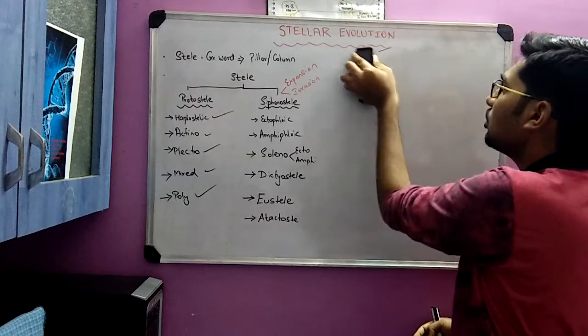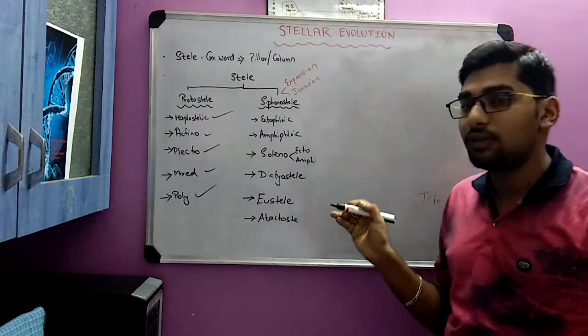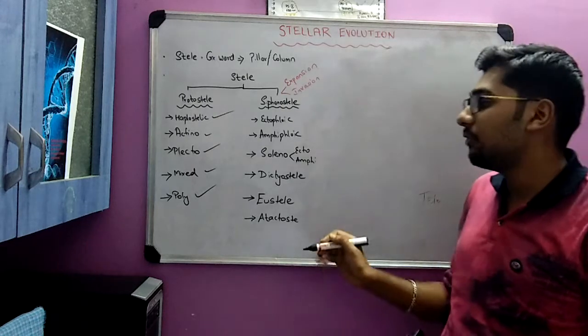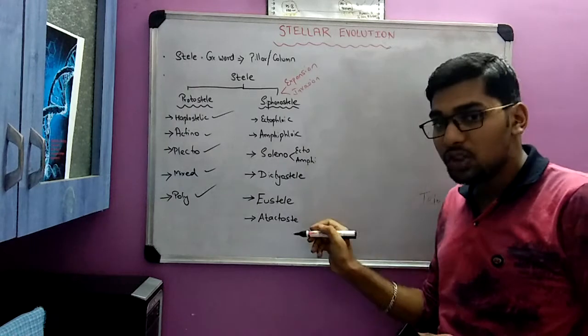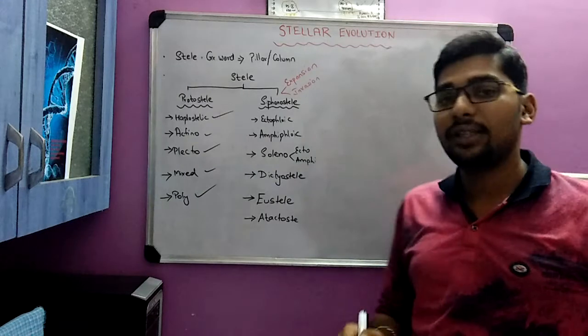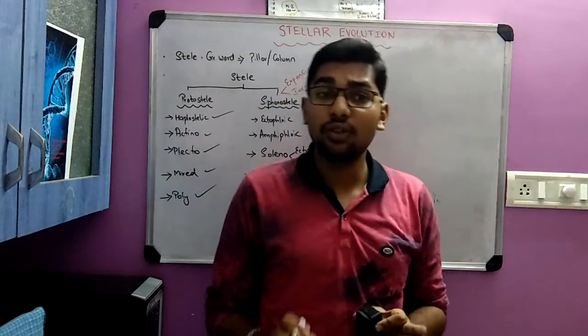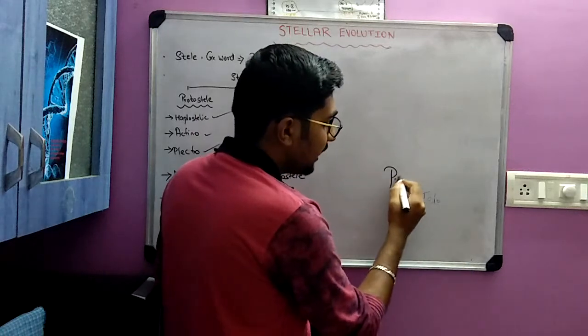So under siphonostele, we have six types: ectophloic siphonostele, amphiphloic siphonostele, solenostele, dictyostele, eustele and atactostele. We go to ectophloic siphonostele. Ectophloic siphonostele is the most primitive type of siphonostele, where you have a central pith.